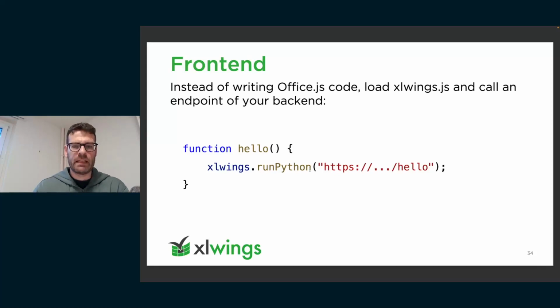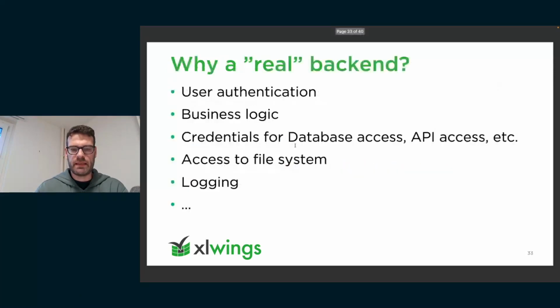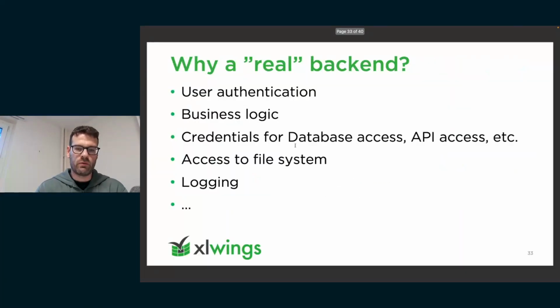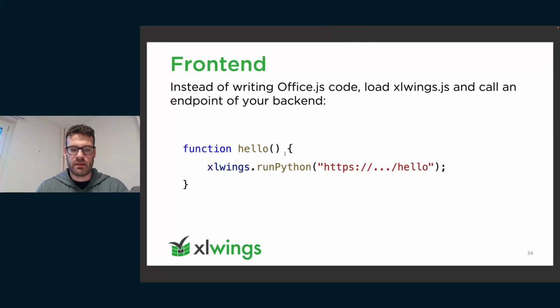So on the front end, instead of having to write code that looks like this, we pretty much get away with a single line, one JavaScript function: you call runPython, you give it the URL of your backend, and that's pretty much it.